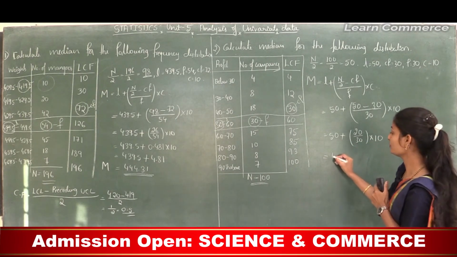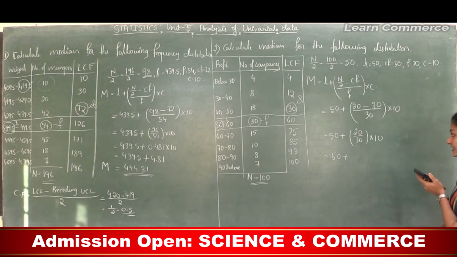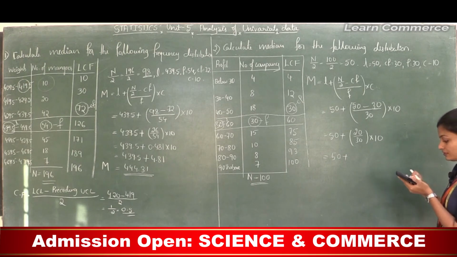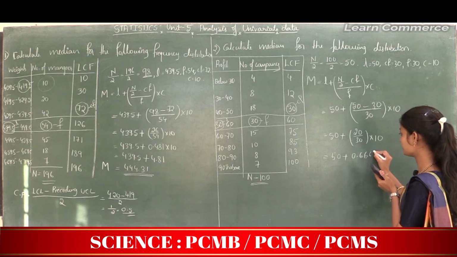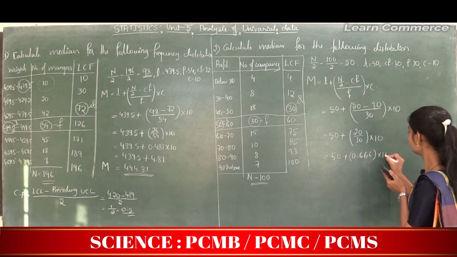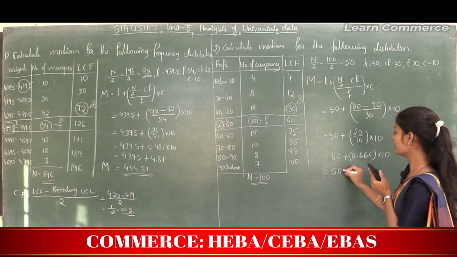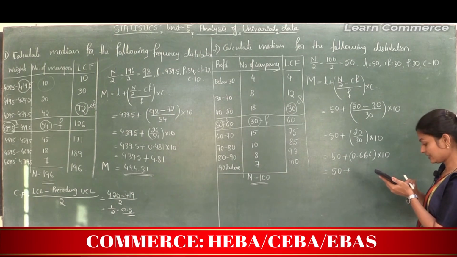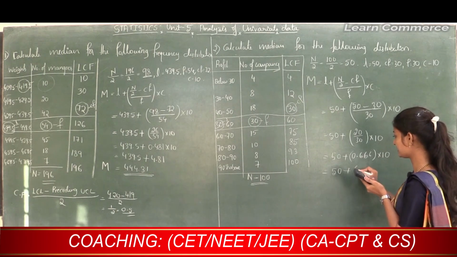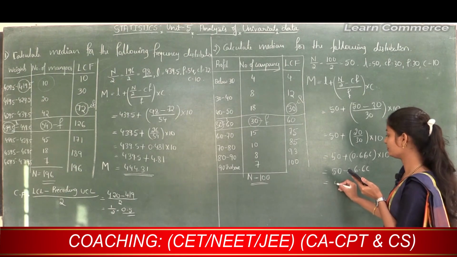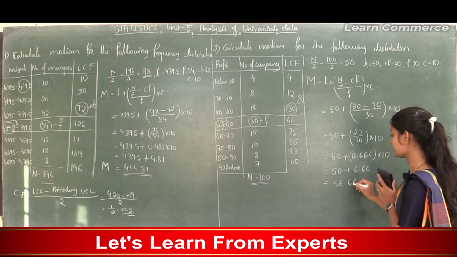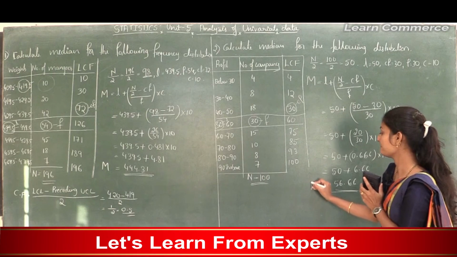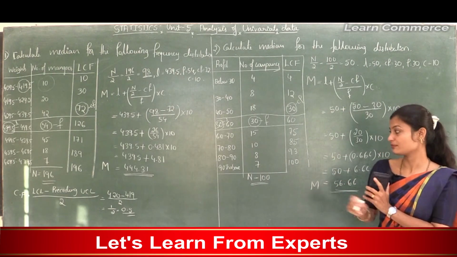This is equal to 50 plus 20 divided by 30 is 0.666, into 10. This is equal to 50 plus 6.66, which is 56.66. Okay, this is the median for this given distribution.